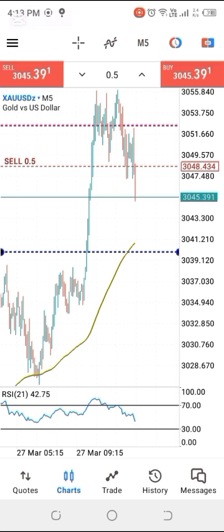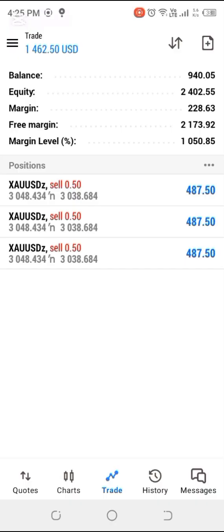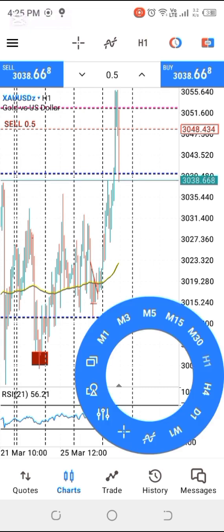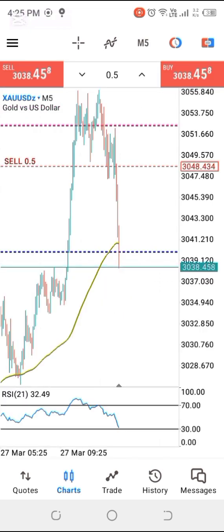Okay, the red is still dropping slowly. I waited until a few moments later the trade had already hit our take profit level.